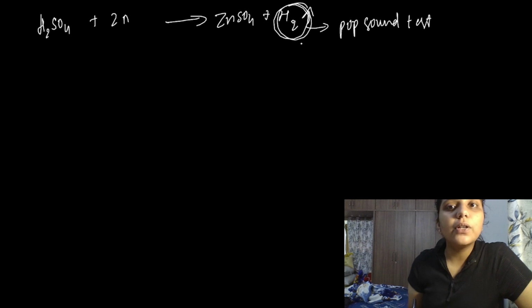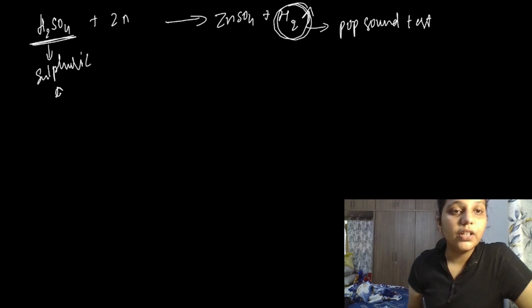That's because of hydrogen only. So instead of H2SO4 you can also take HCl, hydrochloric acid. There is no problem. The activity which is given is telling about sulfuric acid. H2SO4 is nothing but sulfuric acid.